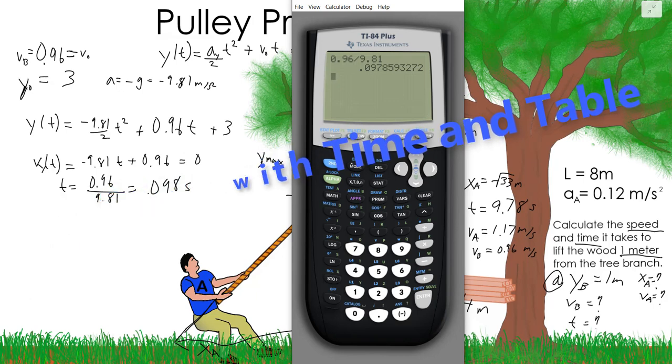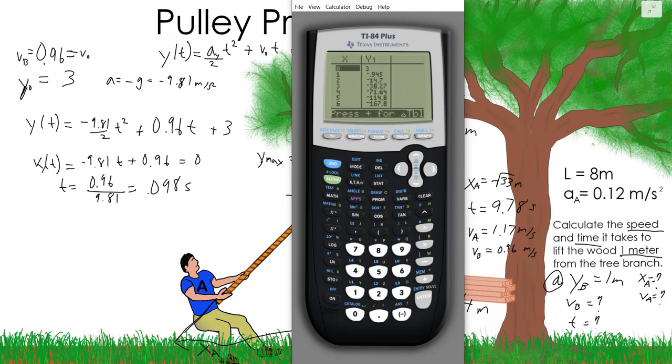Technically, we can even go to table and be lazy that way. Go to table set, and instead of going to auto, we go to ask. Second table. We'll ask it this amount of time, 0.098.